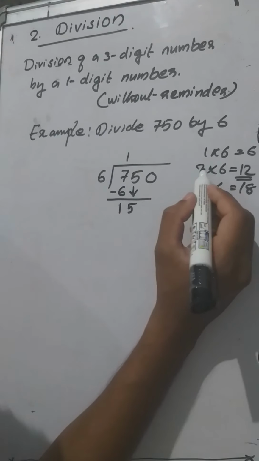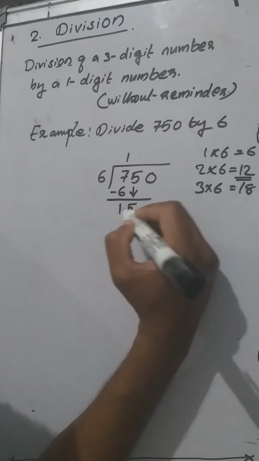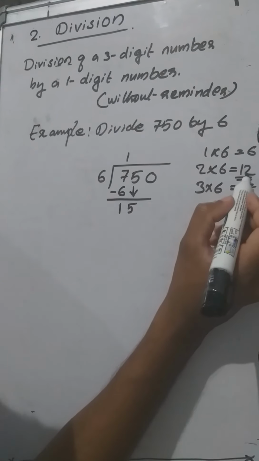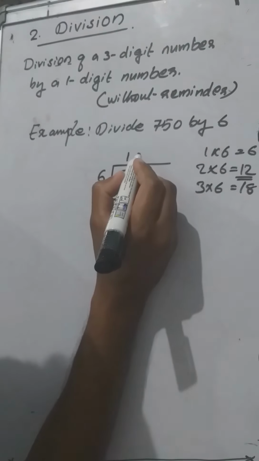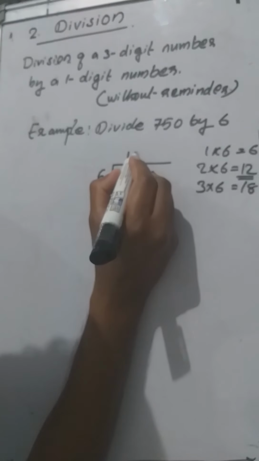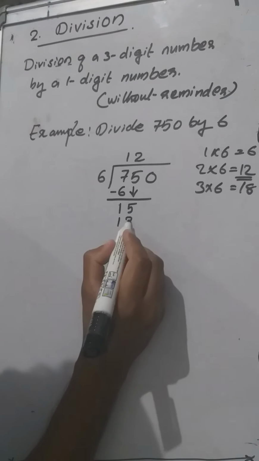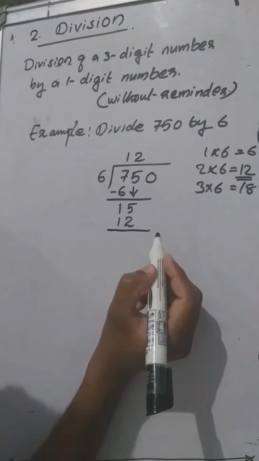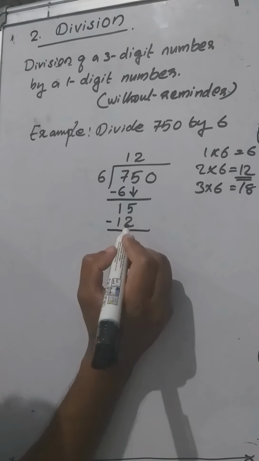When we are multiplying, we have to find the number less than or equal to 15. So here 12 is less than 15. So we can write 2 6s are 12, and we subtract 15 minus 12.